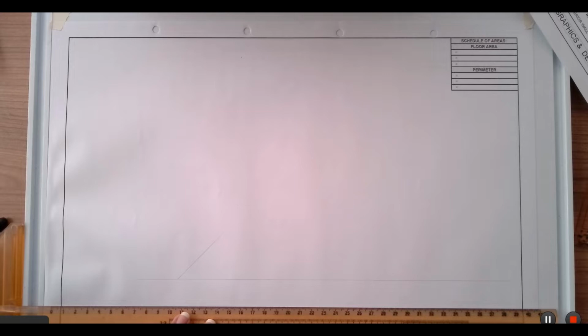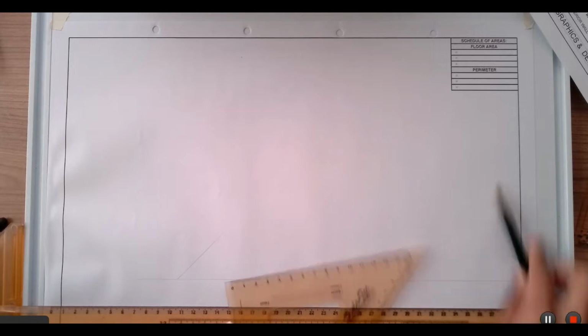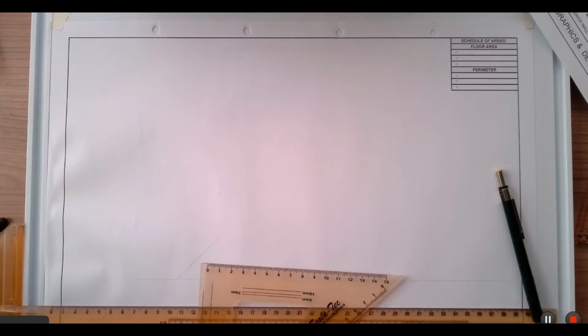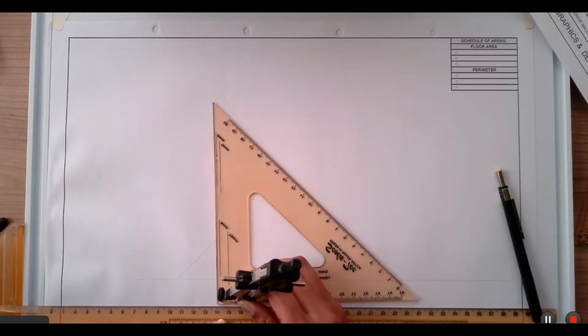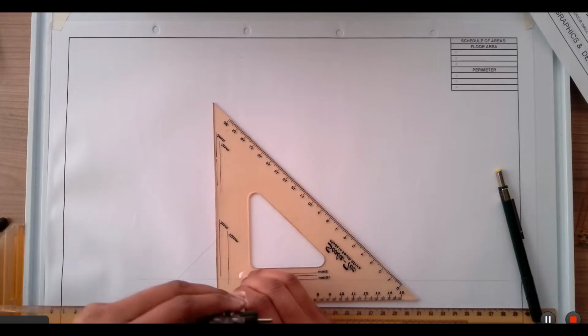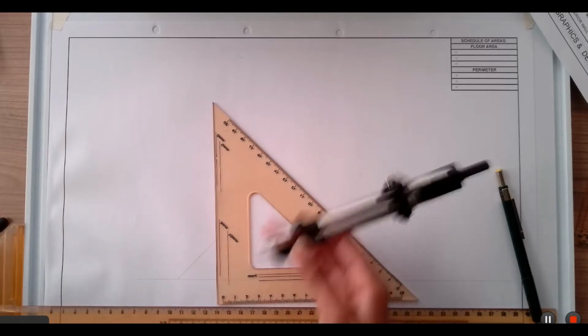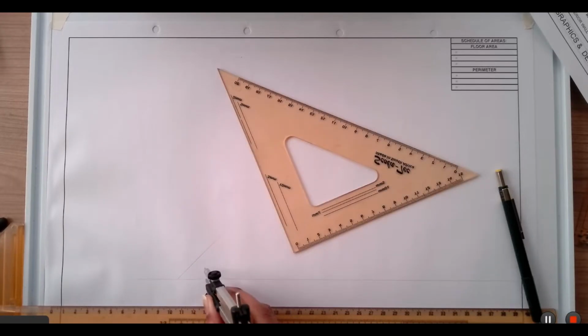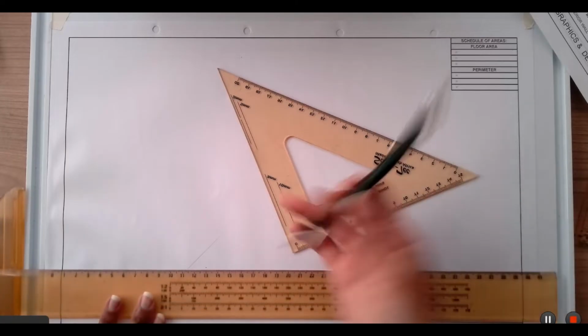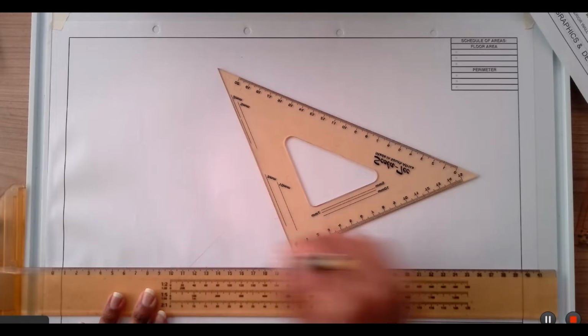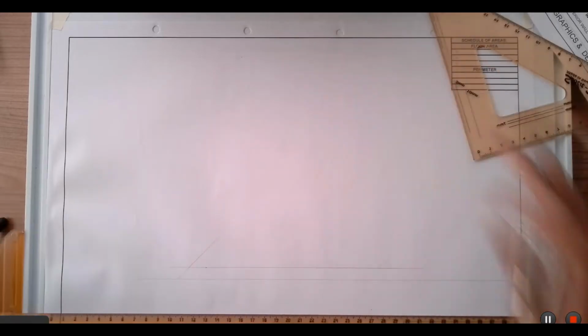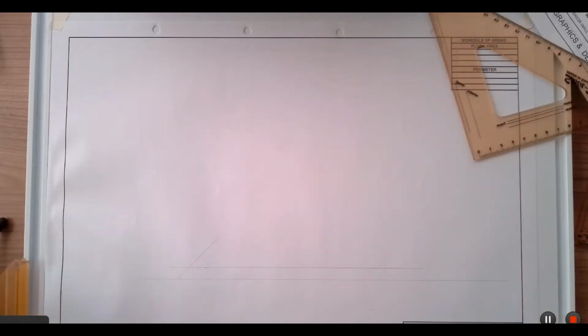And then I'm going to use a 45-degree line. Then our wall thickness is 9,68. So with 9,68, it's closer to 10. So I'm just going to have my 9,68 here. Then I will just make a point anywhere on the line. Once I have that point, I'm going to draw a line that will intersect with the 45-degree line.